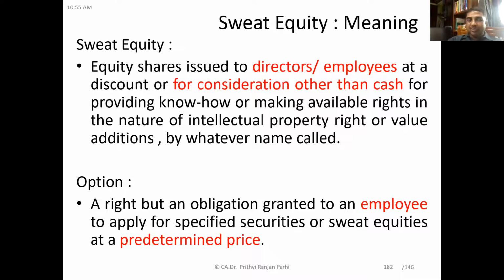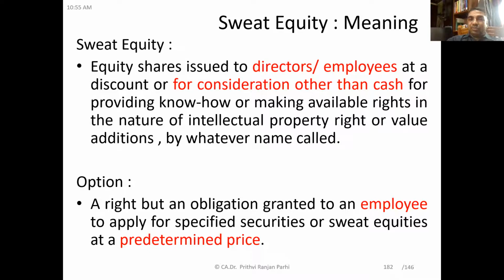If he exercises it, he may get the equity shares at a predetermined price. Predetermined prices are normally less than the market price. Suppose the market price of the share is 500 rupees. The employee may be given an option to buy the shares at 200 rupees. So that is an ESOP or employee stock option scheme.